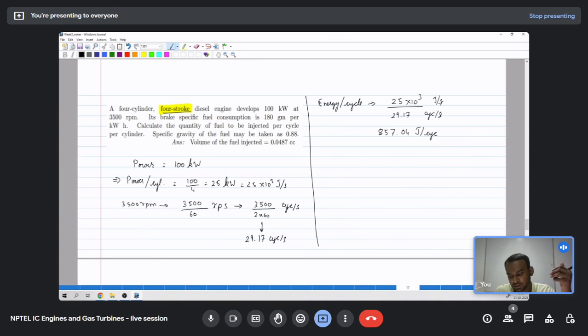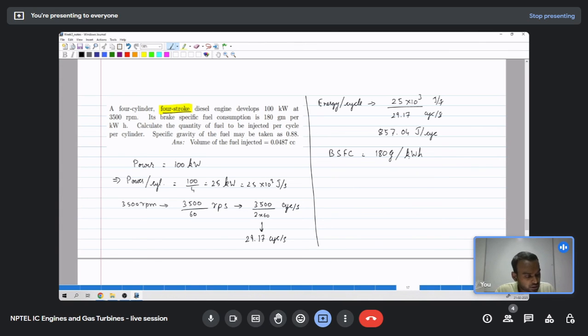To know how much fuel is getting consumed, we have a term called BSFC, which is brake specific fuel consumption. That states that we need 180 grams of fuel for every kilowatt hour of energy produced. Using energy per cycle and the BSFC, we can calculate the grams of fuel that has to be given into the cylinder for every cycle.